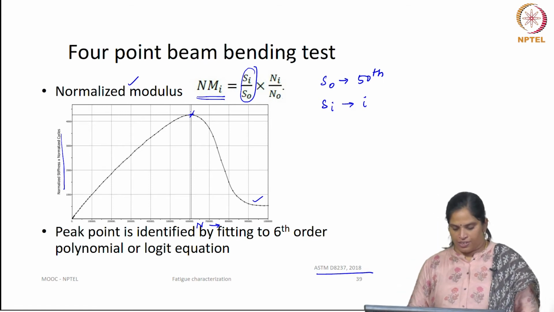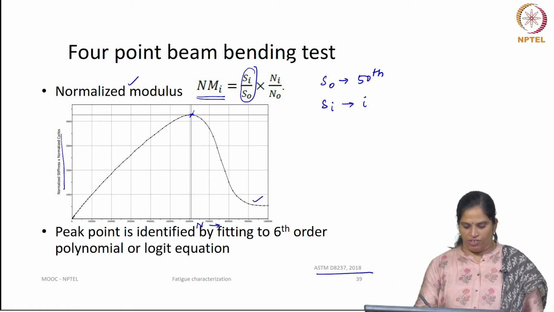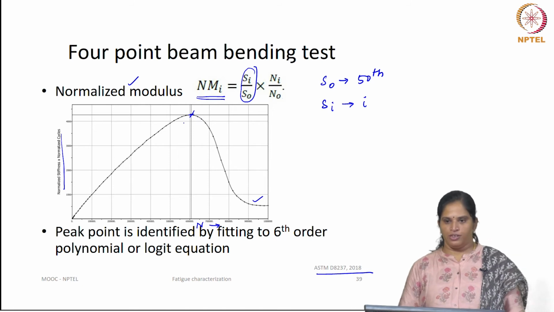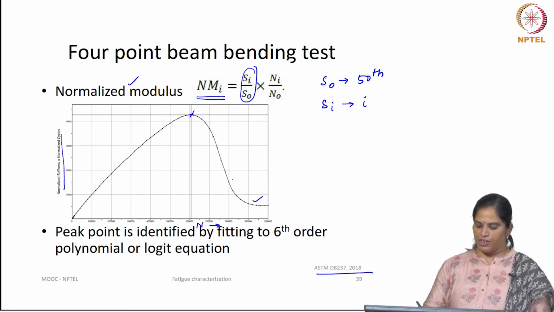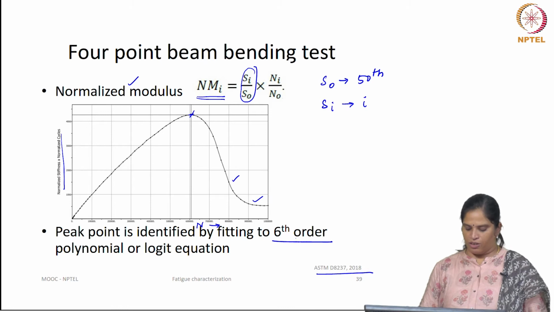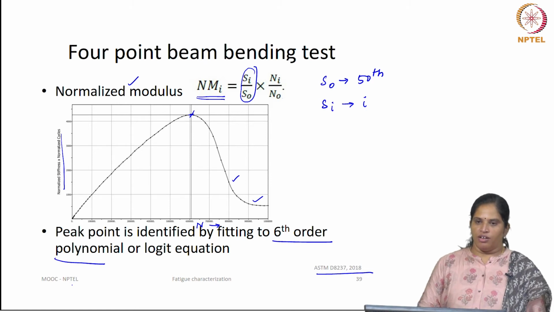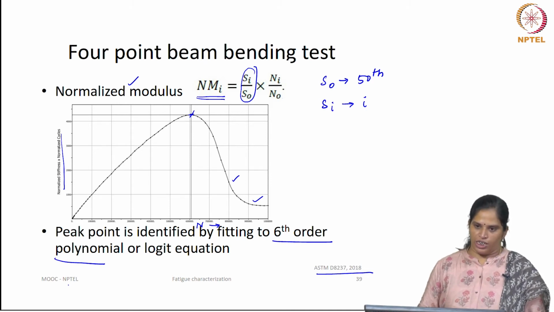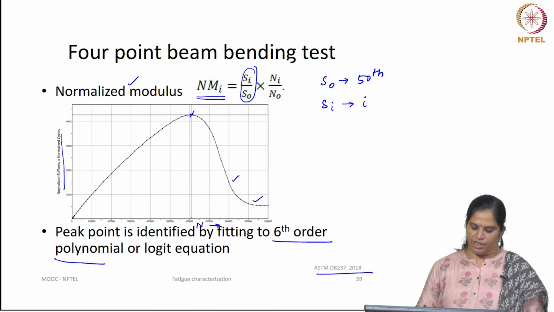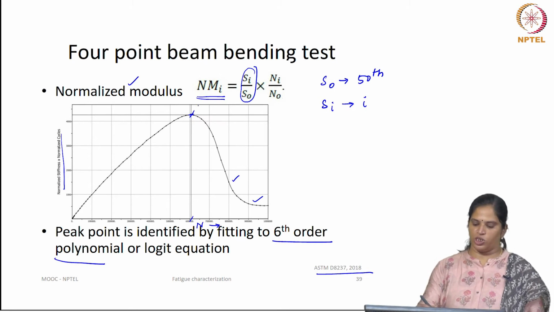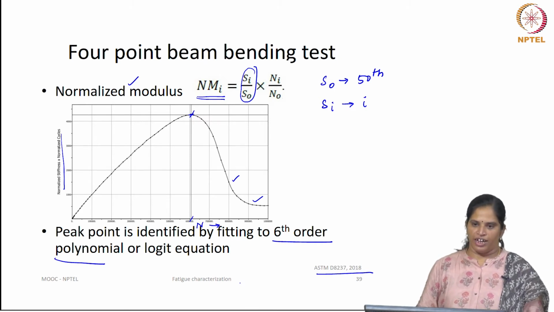In case you find it difficult to identify the peak point, you can fit the normalized modulus to a 6th order polynomial function and differentiate it, and find the number of cycles corresponding to the maximum of the function, you will get a value of N.